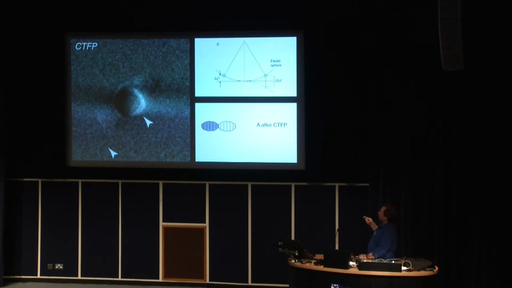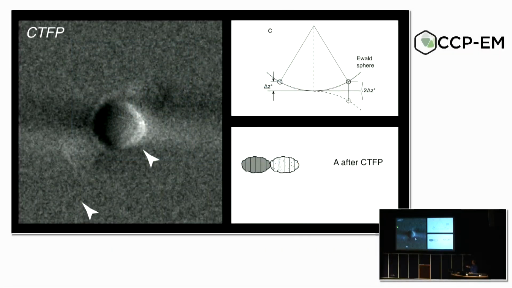And we can put it correctly in Fourier space according to the curvature of the Ewald sphere, which we know just based on the wavelength of the electron. And then this band gets folded out. So now the only thing we need to do is actually mask off this image of the particle and then use this in our reconstruction. But half the information is still gone here, right?